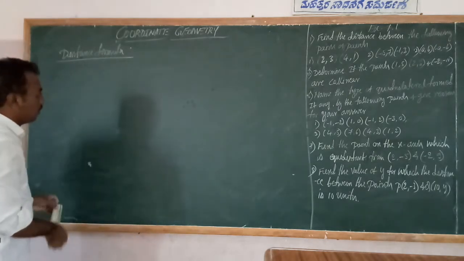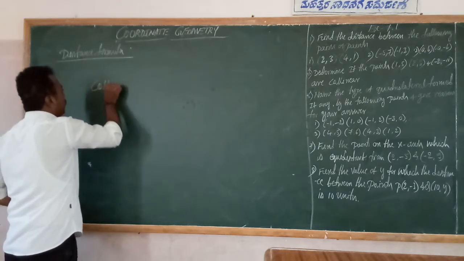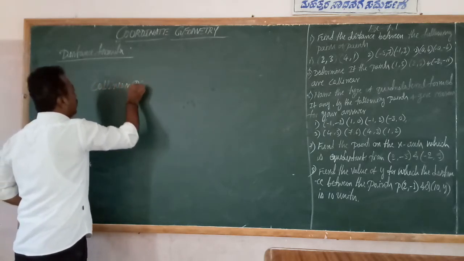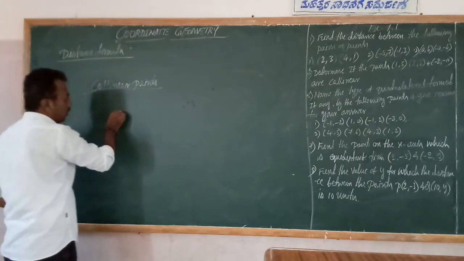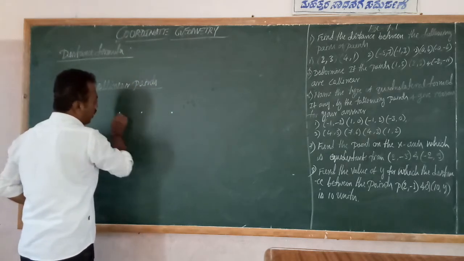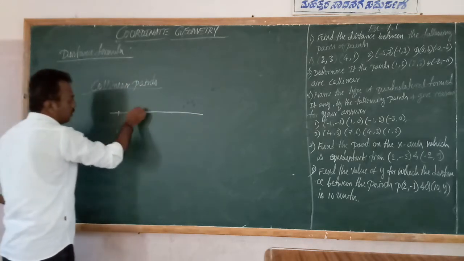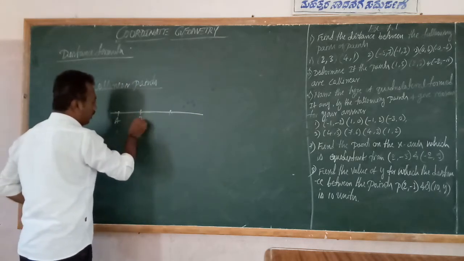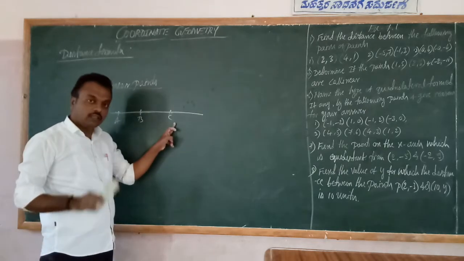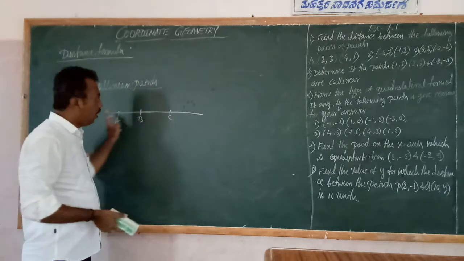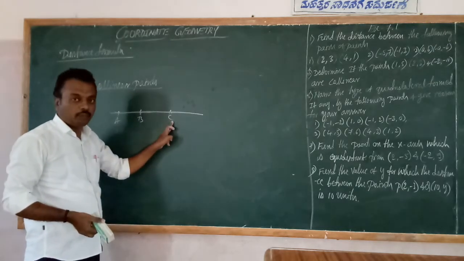Now students, what do you mean by collinear points? Collinear points means three or more points lying on the same straight line. So these are A, B and C, three points. If all these three points, or more than three points, lie on the same straight line, then they are called collinear points.